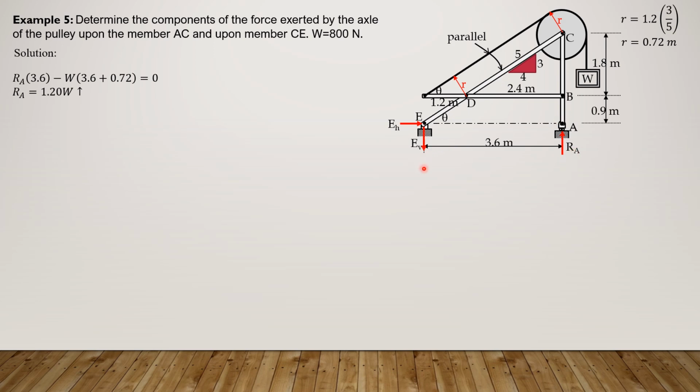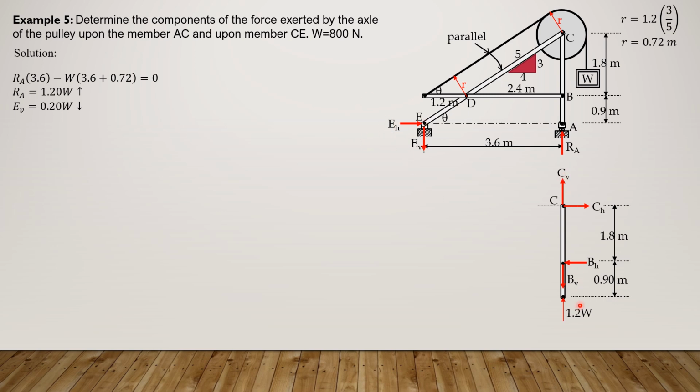So the E sub V should be downward. So E sub V plus W equals 1.2 W. Therefore, E sub V is equal to 0.2 W downward. Then take note that E sub H is 0. So considering the whole system and summation forces X, E sub H is 0.